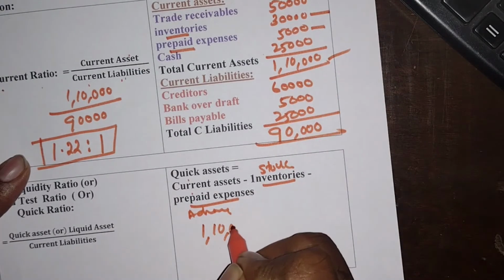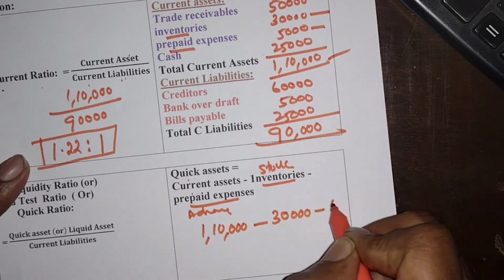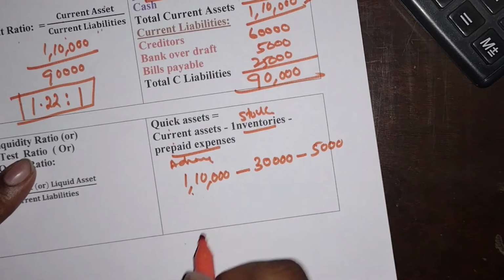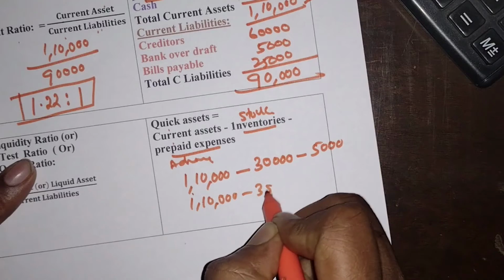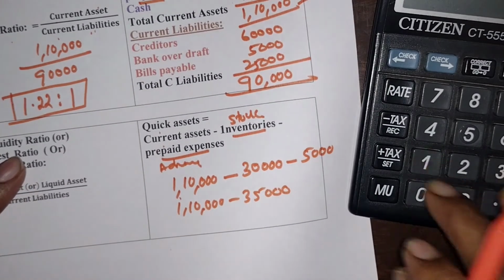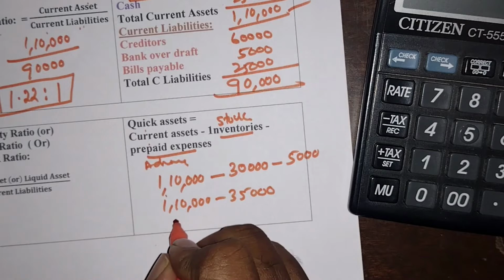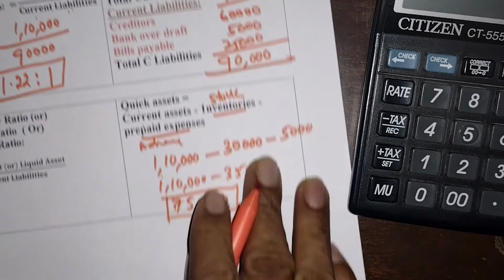Out of 1,10,000 minus inventories 30,000 minus prepaid 5,000, therefore 1,10,000 minus 35,000 is equal to 75,000.